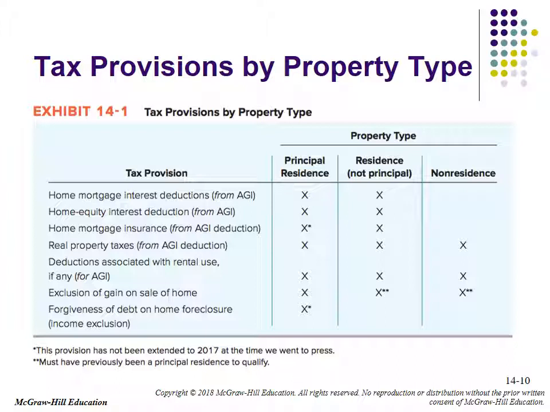On page 14-3, when a dwelling unit is determined to be a residence, the taxpayer must determine if it's a principal residence. And here's your determination, because it's important for the tax consequences on certain items like the sale of a residence, how you tax any gain. What makes a residence a principal residence?